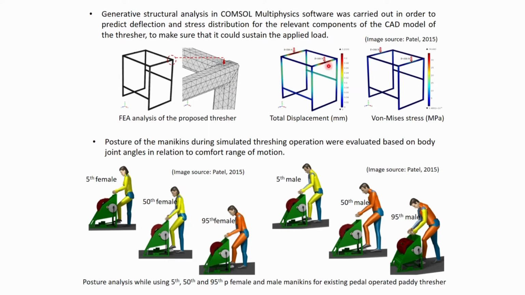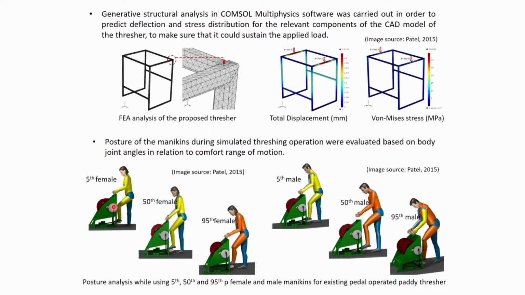And here load was applied, and based on that the total displacement as well as the strain was checked. Posture of the mannequin during simulated threshing operations are evaluated based on body joint angles in relation to the comfort range of motion.